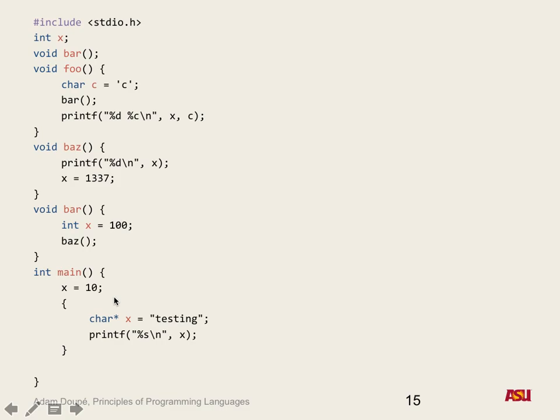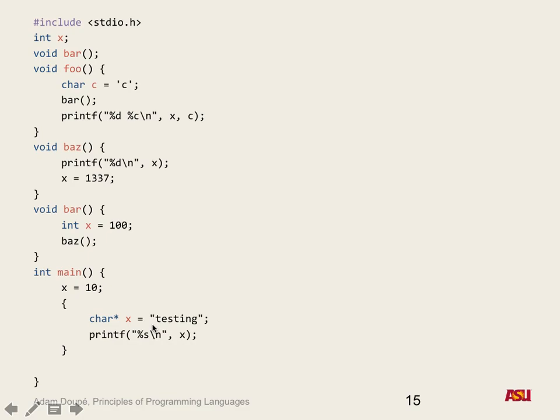If not, we look out into the block that contains that block. In this case, it's going to be here in main. Does a declaration of X exist there? No. Then we check the global scope and we see that there is an X here. But our algorithm terminates on the first instance it finds of X. So it finds the X here in the local scope, and it stops looking.